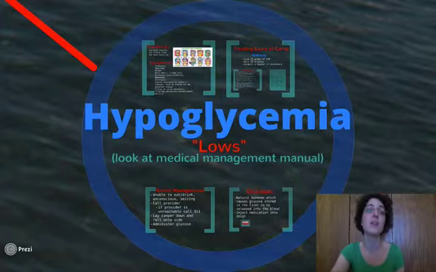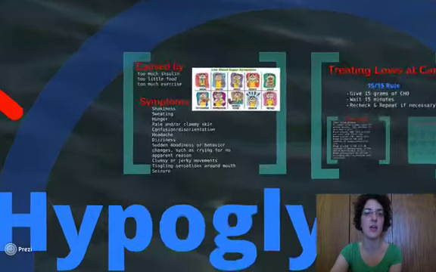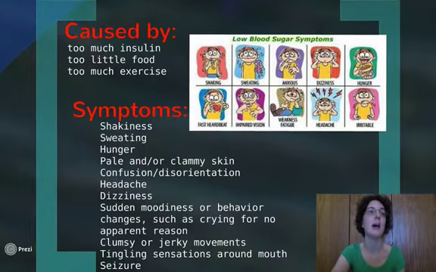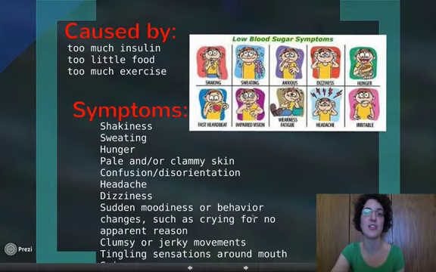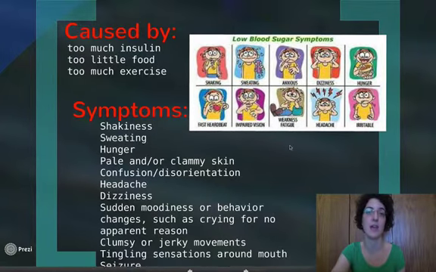So the first one is hypoglycemia, or a low blood sugar. These can be caused by having too much insulin injected, if you've eaten too little food, or if you're exercising more than planned. There are some pictures here that show the symptoms, and these are the things that we're going to be looking for to help us identify if our campers' blood sugar levels have dropped too low.